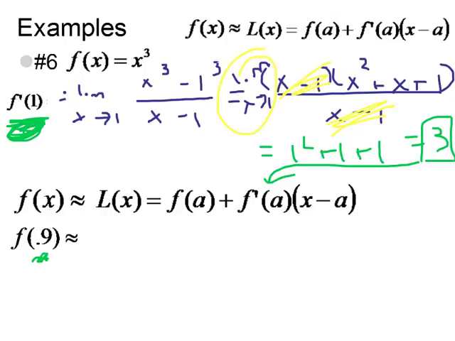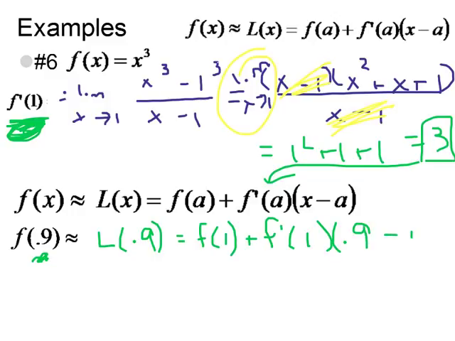All right, so this approximates L of 0.9, which is f of 1, again that's our a, plus f prime of 1 times x minus 1. Okay, so this is x, this is x, this is x, and all the other ones are your a's.